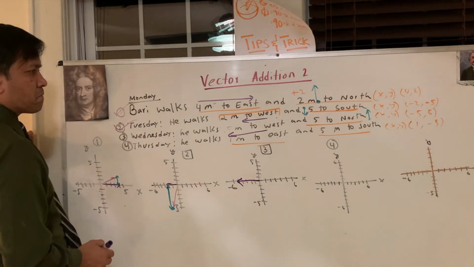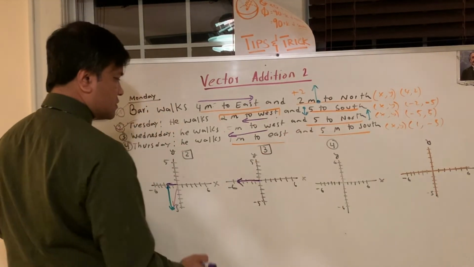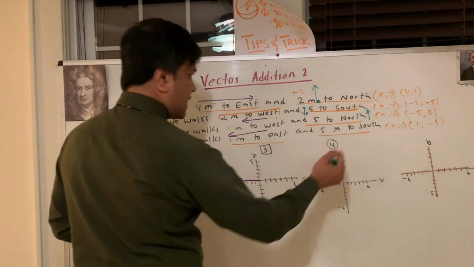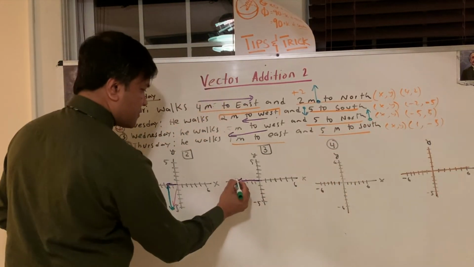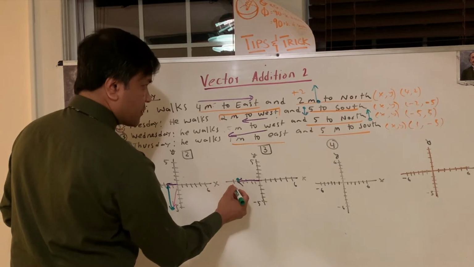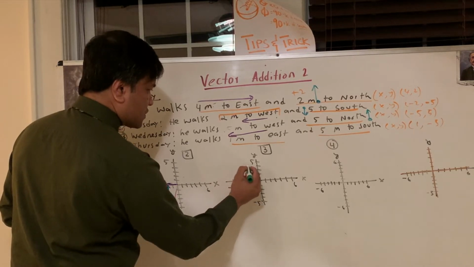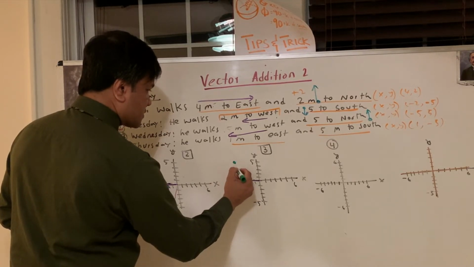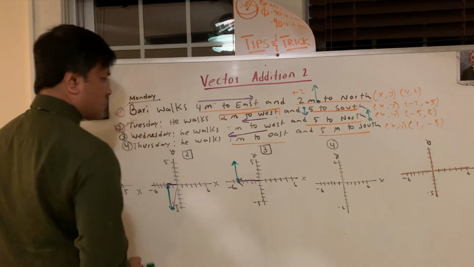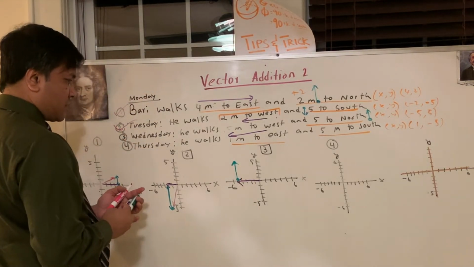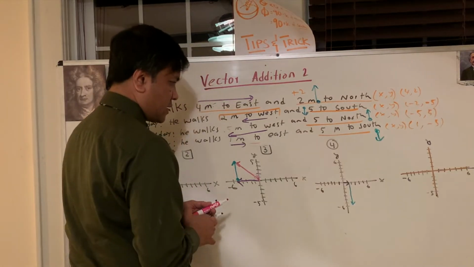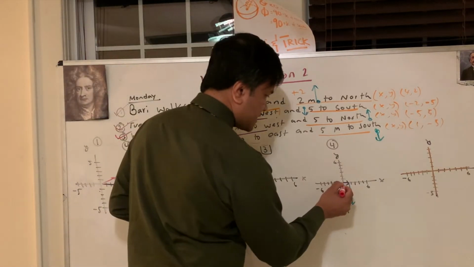Okay. Now 5 meter to the north. So I'm going to find the tail. I'll put the tail on the top of the head and I'm going to draw 5 meter to the north. So right here. Okay. So I'm going to connect the tail to head. And then finally I'm going to draw the resultant.